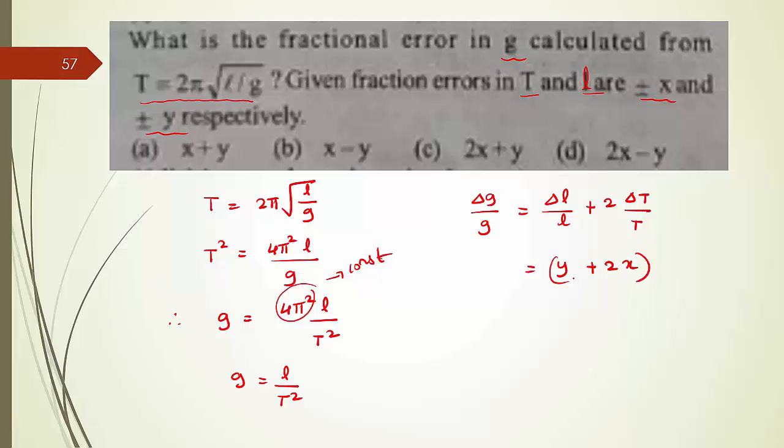This is the fractional error in G. Y plus 2X or 2X plus Y. 2X plus Y means option C is correct.